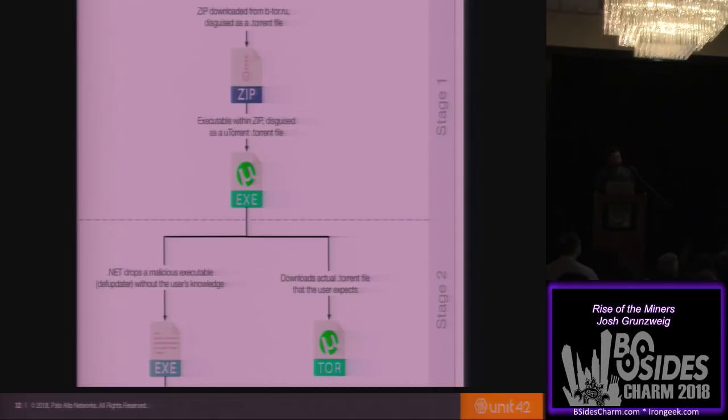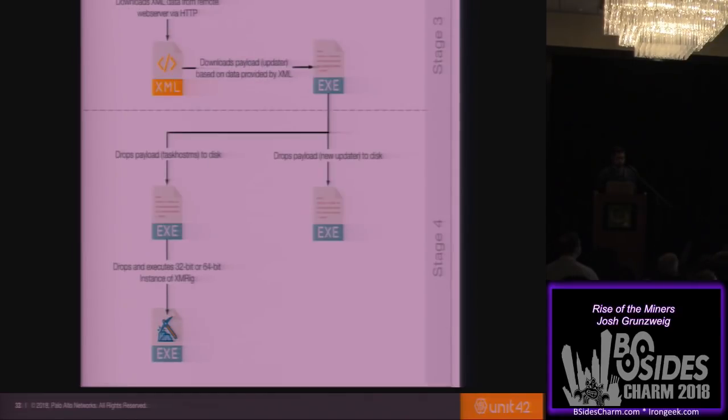Once again, worldofwarcraft.torrent.exe. And then once that exe was run, it actually did download and execute the real torrent, but next to that, it also dropped and executed a .NET payload, which did a few things and ultimately delivered, again, XMRig.